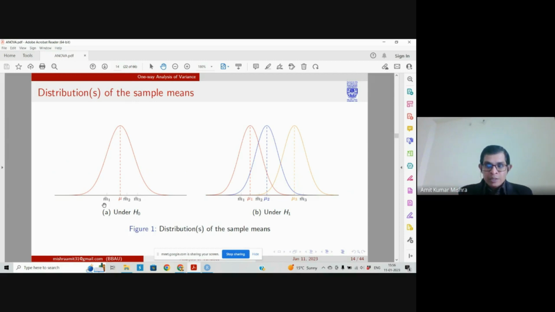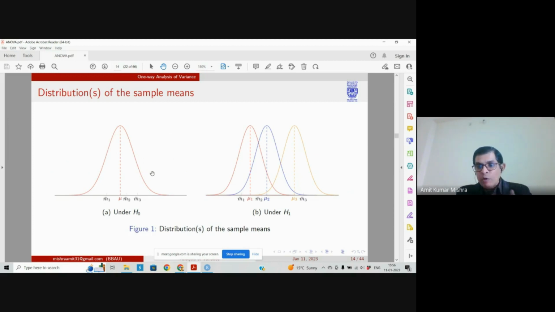The variation within a population is due to sigma square, and the variation between the populations is also due to sigma square, because the mean mu is the same and all three populations coincide. The variation is governed by sigma square, that means the variation of the common distribution. This is the left hand side graph.